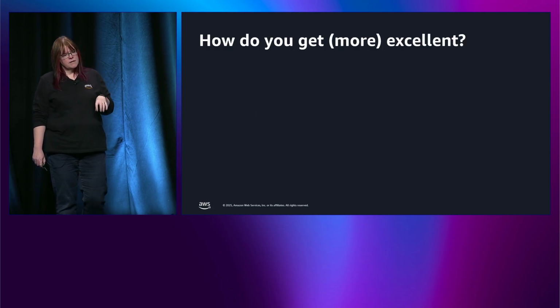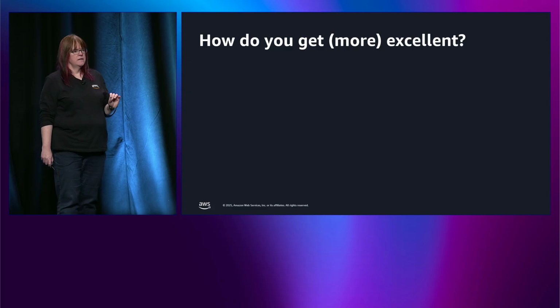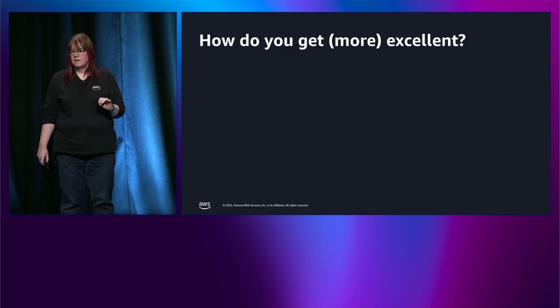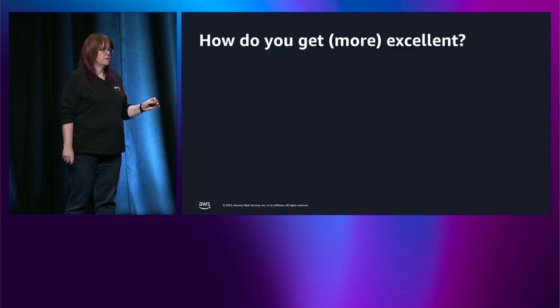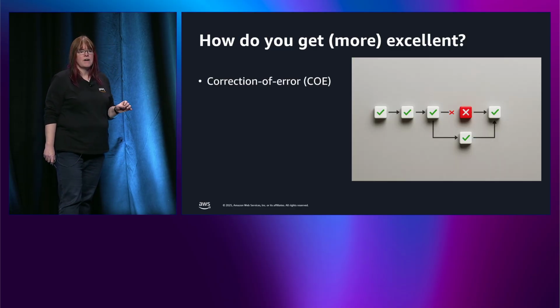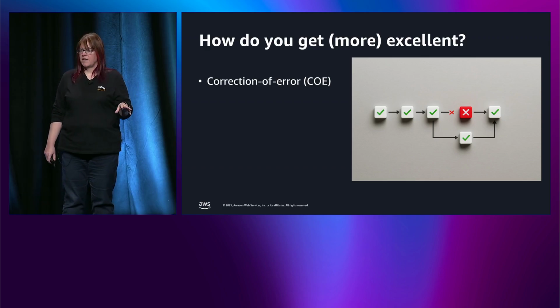So we've talked about starting with metrics and tags and adding context. But what next? Observability is a journey. It's not a destination. It is a journey of continuous improvement. At Amazon, we have a process called correction of errors. Now, there are public blog posts about that, so I'm not going to go into all the details.